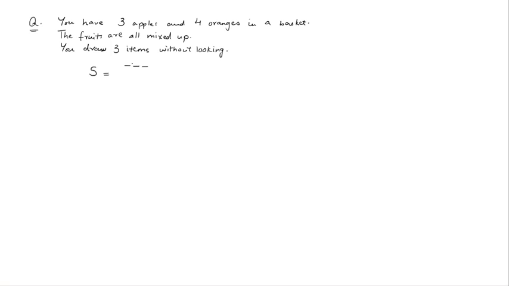Now this could be apple, orange, orange, or it could be some other triplet of fruits. Orange, orange, orange, or maybe apple, apple, apple. So the point is that all possible outcomes of this experiment, which you call the sample space, will be in the form of these triples.